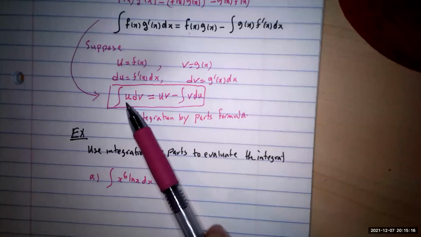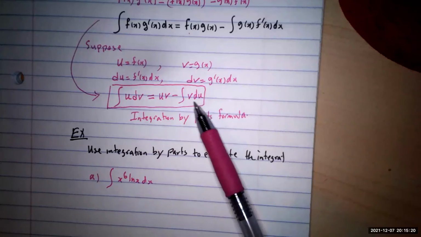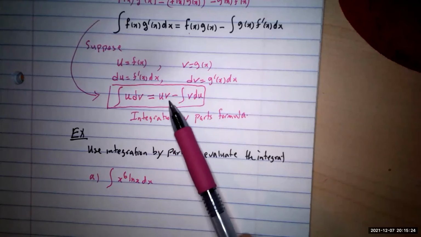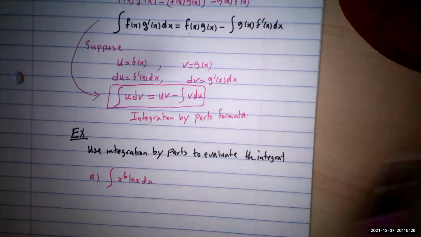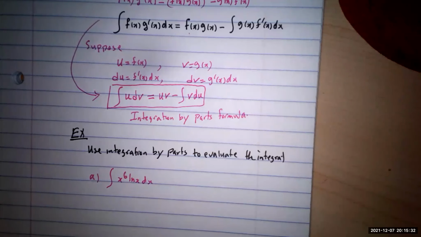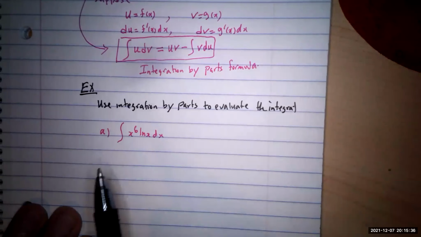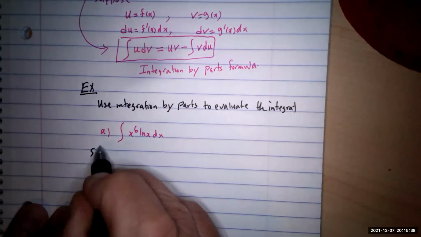The one that you take as u, you differentiate to get du. The one that you pick for dv, you integrate to get v, to be able to continue to the second integral. Since you have a very unique problem, your choices are very limited. This is going to be your choice.